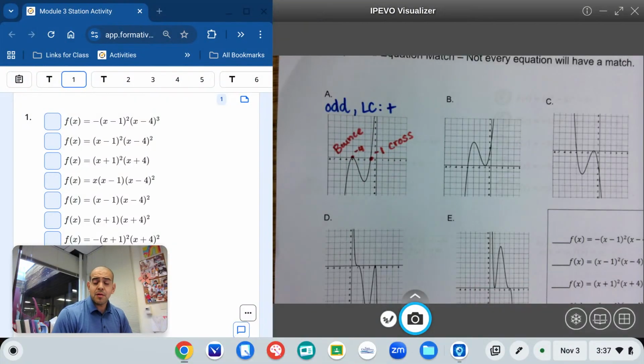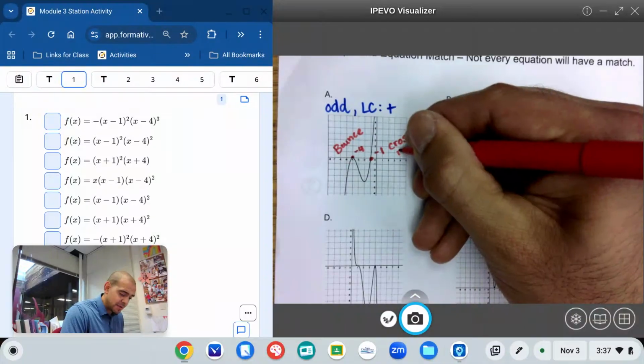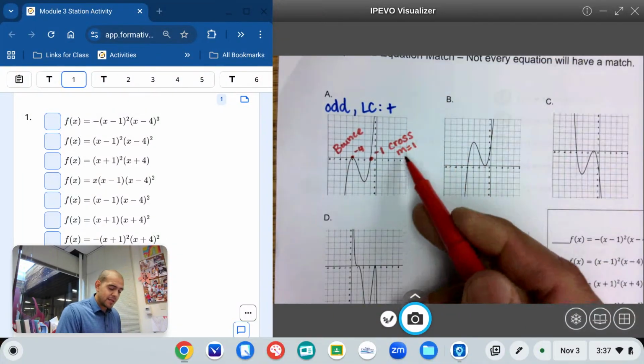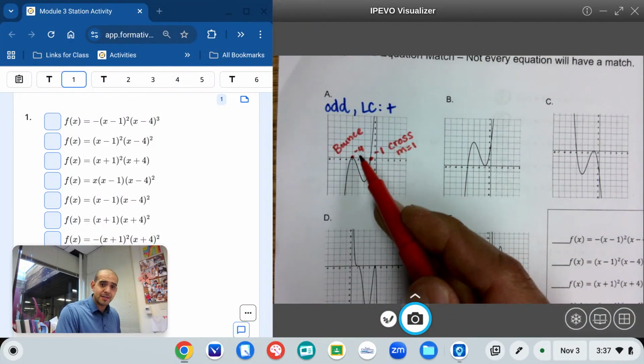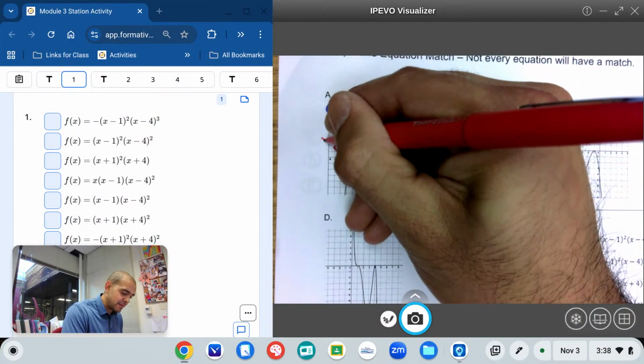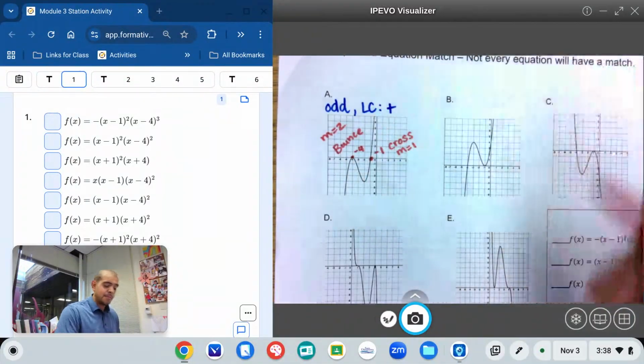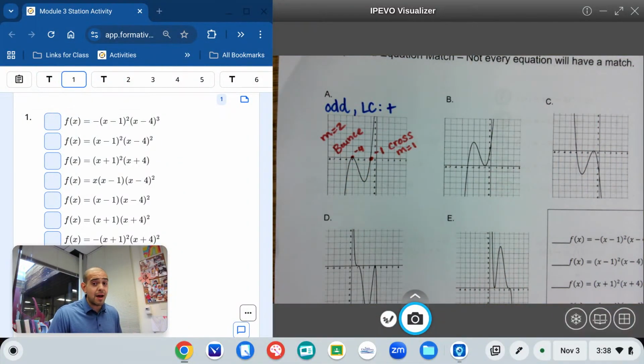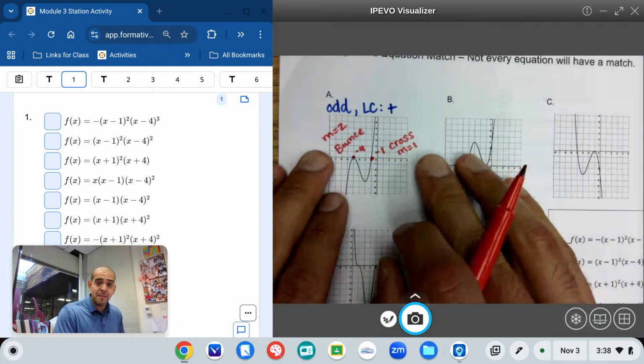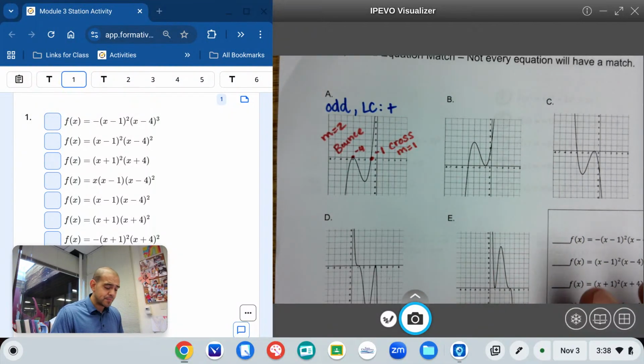That is all the information that I need. Now, I could also add that it has a multiplicity of 1, because a multiplicity of 1 means a cross, and a multiplicity of 2 means a bounce. If all this sounds new to you, I would encourage you to look at the previous notes because we took extensive notes on this behavior, okay?